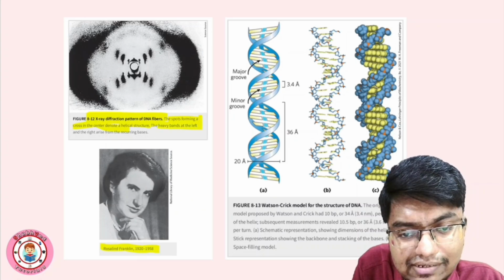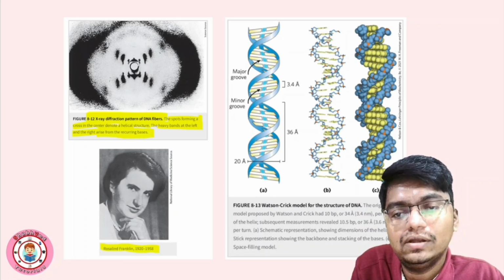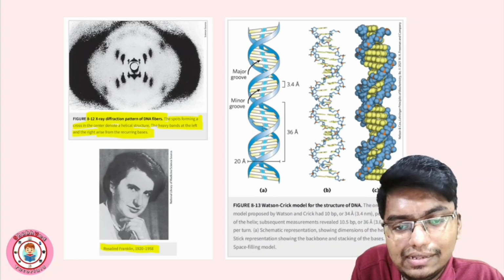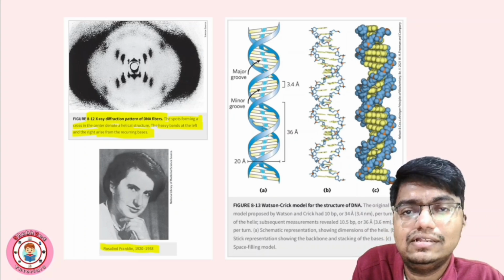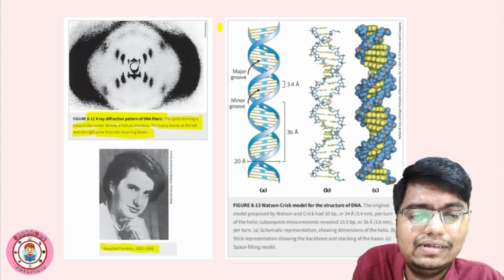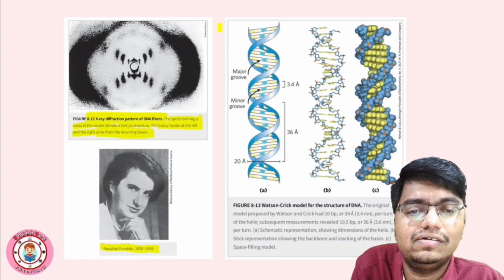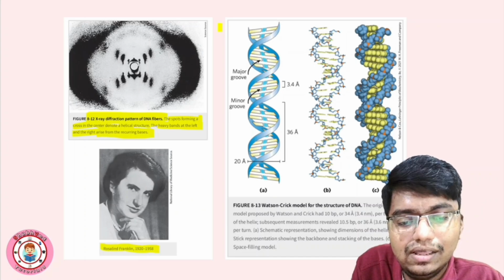The heavy bands at the left and right arise from the recurring bases. Got it? X-ray diffraction pattern, or basically X-ray crystallography studies, which confirm, which is a proof actually for double helical structure given by Rosalind Franklin.